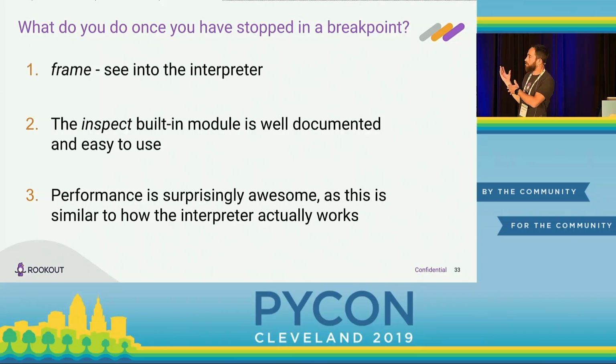And unlike what I've shown you earlier in this talk, everything here is very, very fast. Performance is awesome due to the simple fact that everything we're doing here through the inspect module is quite similar to what the interpreter is doing behind the scenes. So when the interpreter is running your code, it's using the same data structures and the same utility functions we are discussing here.